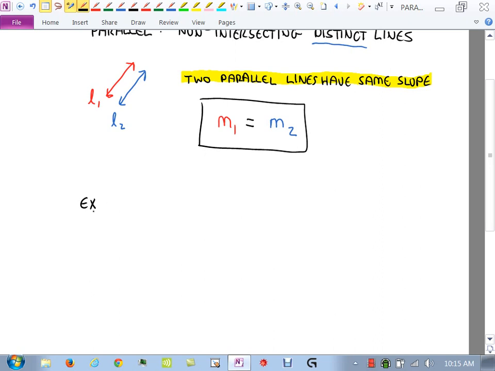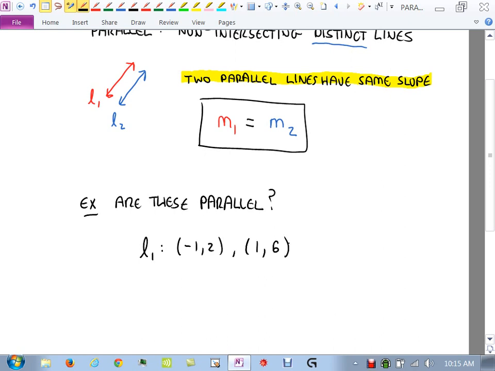They do something like this. Example: are these parallel? L1: (-1, 2), (1, 6).